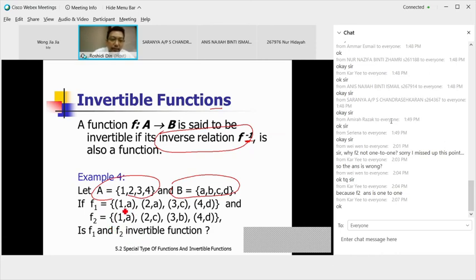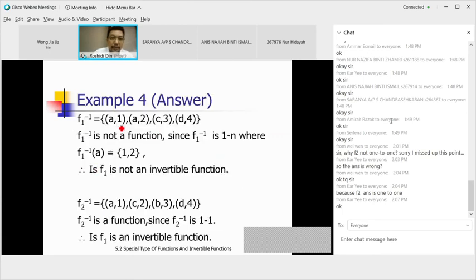F1 is 1A, 2A, 3C, 4D, and the second function is 1A, 2C, 3B, and 4D. When we invert the process, we change the positions from here to here, so it will be A1, A2, C3, D4.